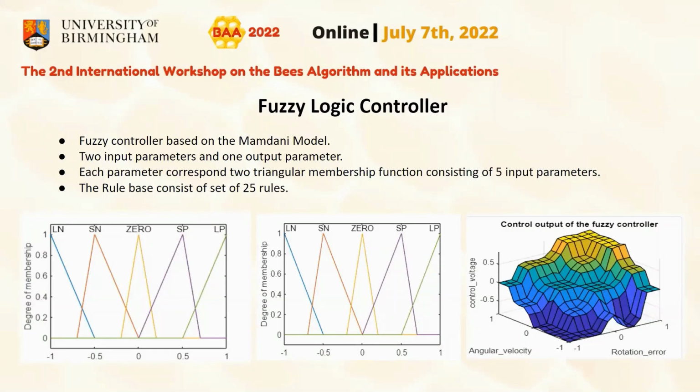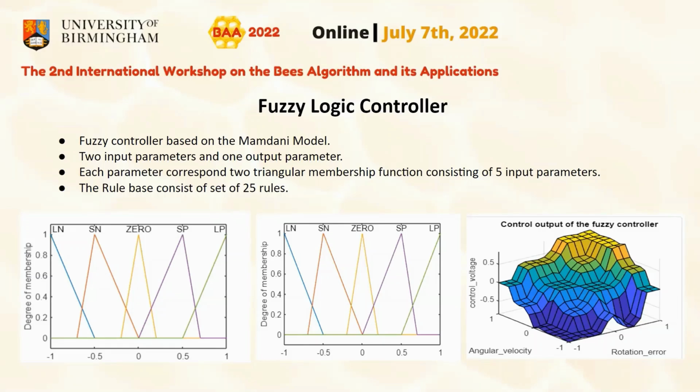Coming to the fuzzy logic controller, to give a basic idea about what it is. A fuzzy logic controller uses fuzzy logic, that is, it eliminates the extremities that our binary logic has. We will use two input parameters and it will give one output parameter. The two input parameters will be the error in position and the error in angular velocity. Each parameter corresponds to two triangular membership functions consisting of 5 input parameters.